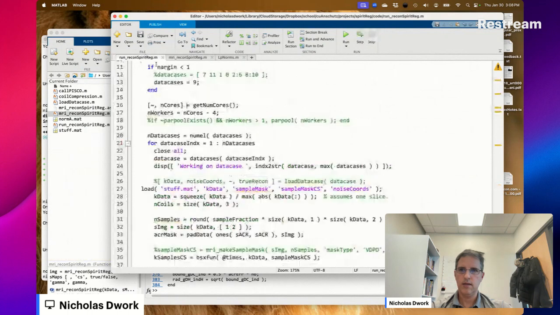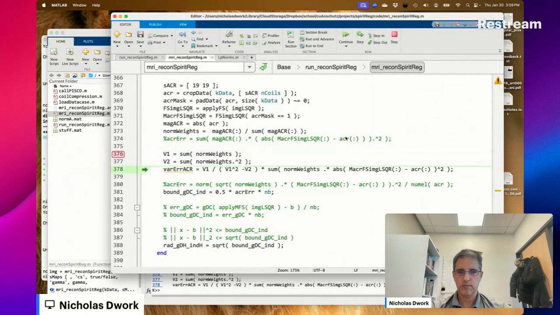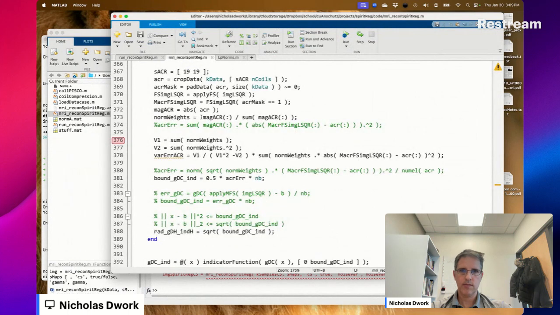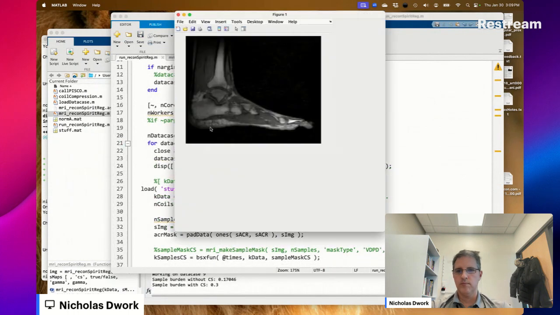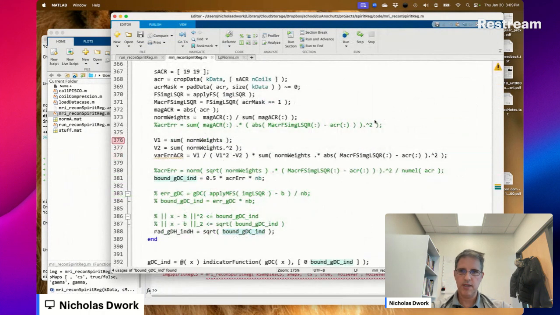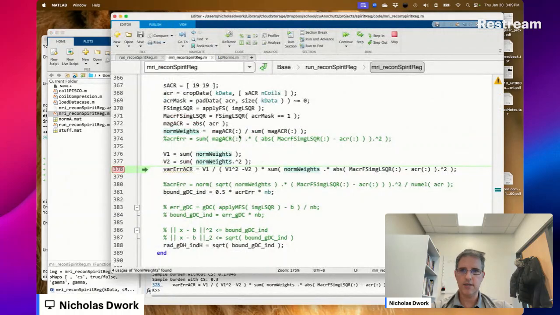All right. What is that? 2.6 times 10 to the negative 5. Norm weights? No, those are. What's the problem? ACR error is undefined. Okay.